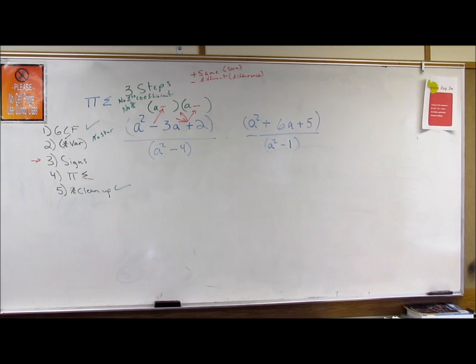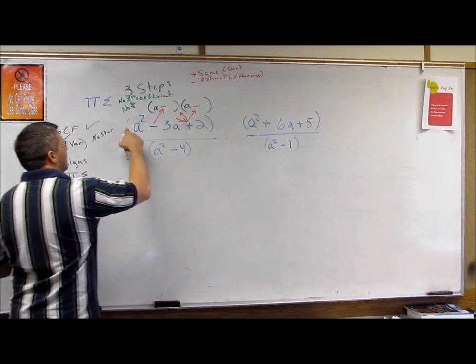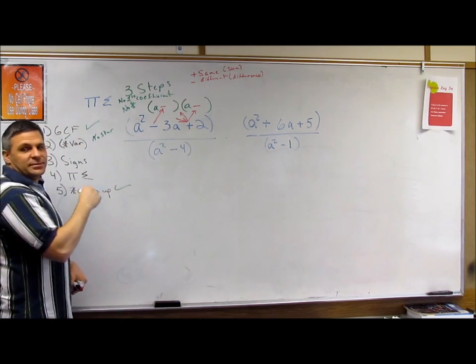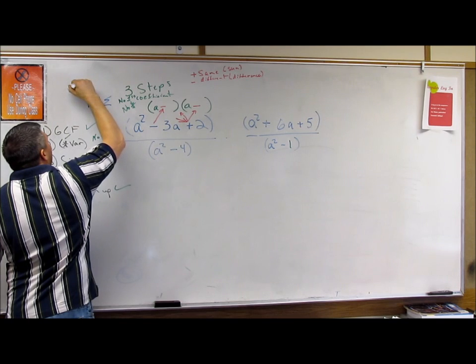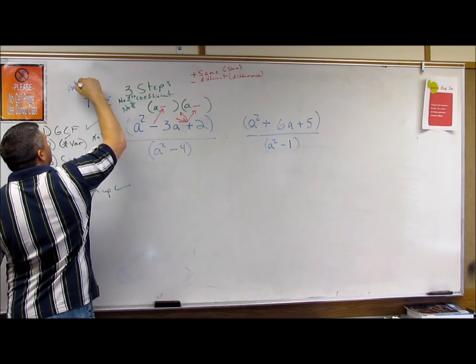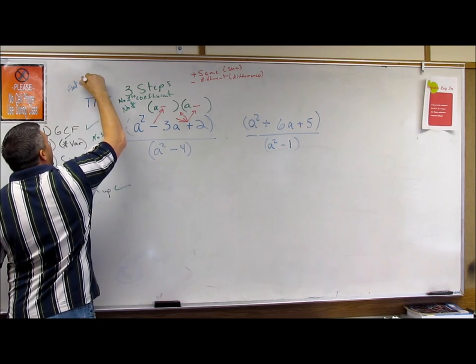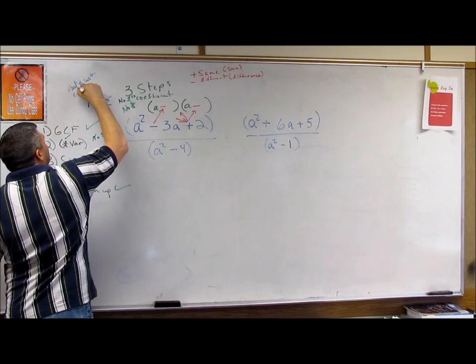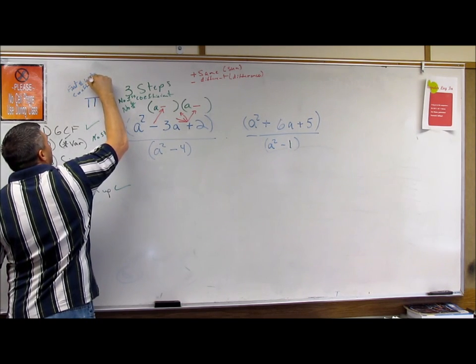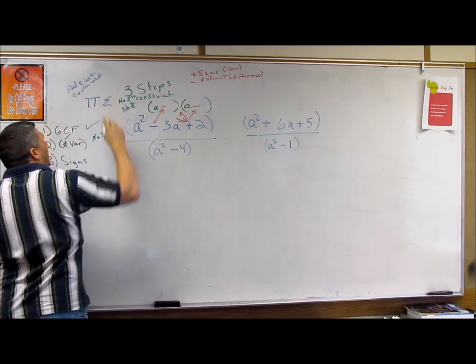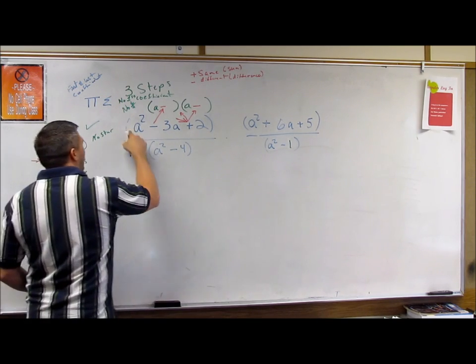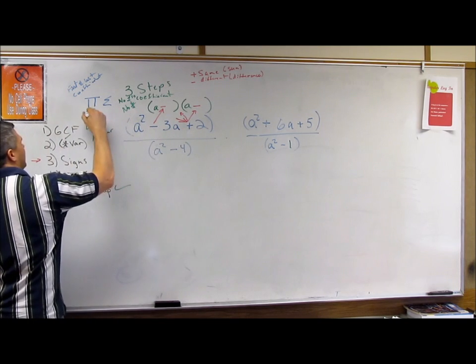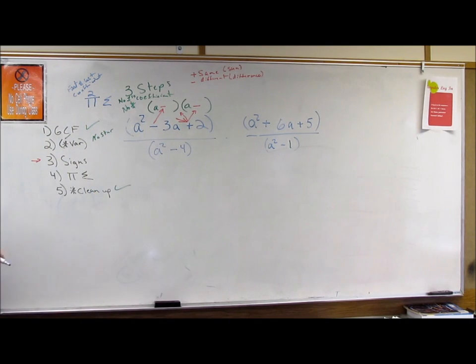All right, so I need to know the product and the sum. And the product is the first and last coefficient. So that just means the first and last number. So this 1 times 2, and I get 2.